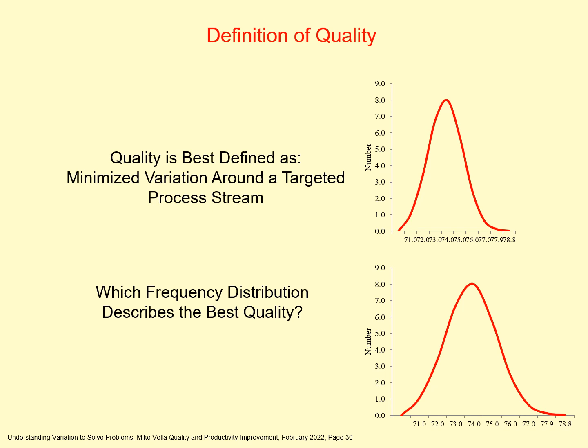Well, it should take you about 2 seconds to realize that the frequency distribution on the top is narrower. It has the smallest range, the smallest standard deviation. I don't know what the range or standard deviation is offhand, but you can see it's smaller, it's narrower than the bottom graph. So therefore, the top graph represents the best quality.